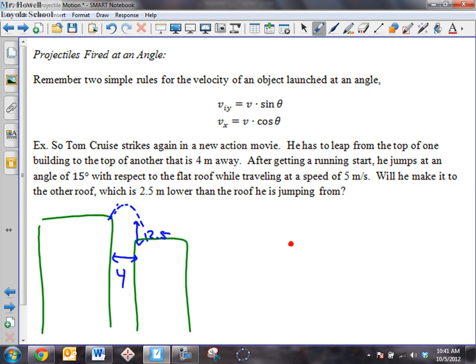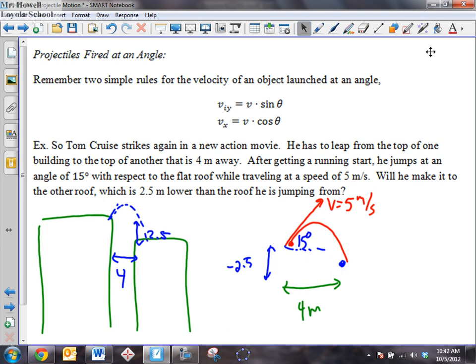I see an object launched like this with a velocity of 5 meters per second at an angle of 15 degrees. I know that from the start to the finish, my delta y is going to be negative 2.5. And I know from start to finish, my delta x is going to be 4. Okay, let's put units of meters, please.